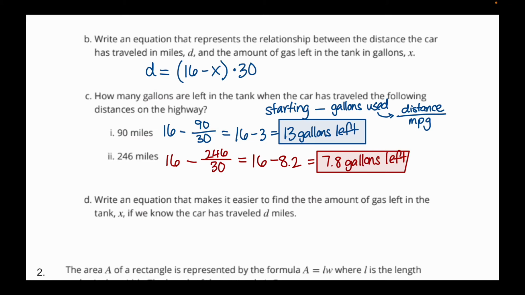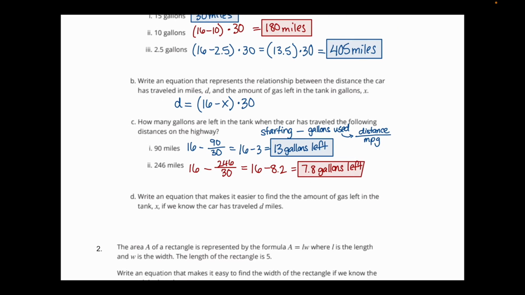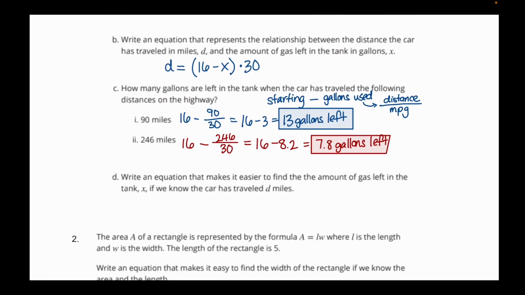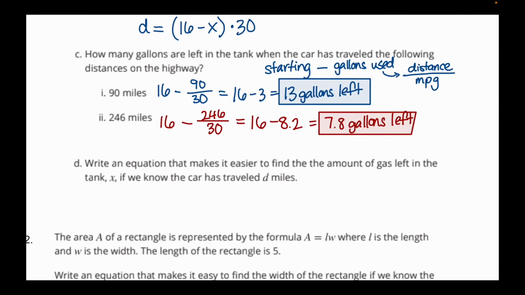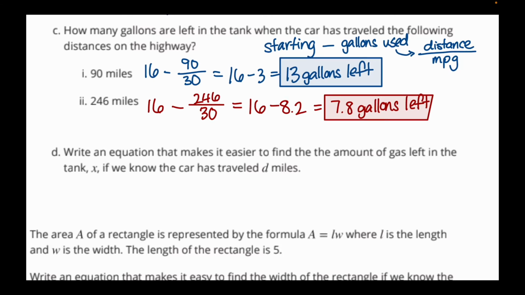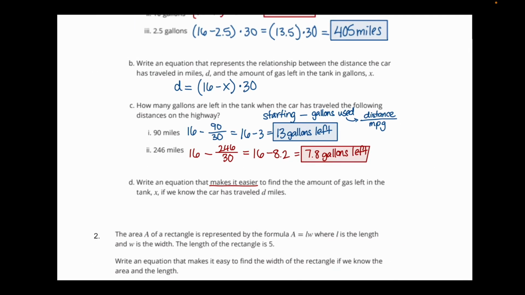Now, part D, just like part B asked us to write an equation based on the work we were doing for part A, part D is going to ask us to write an equation to represent the work we're doing in part C. And so it does actually say here, makes it easier to find something.